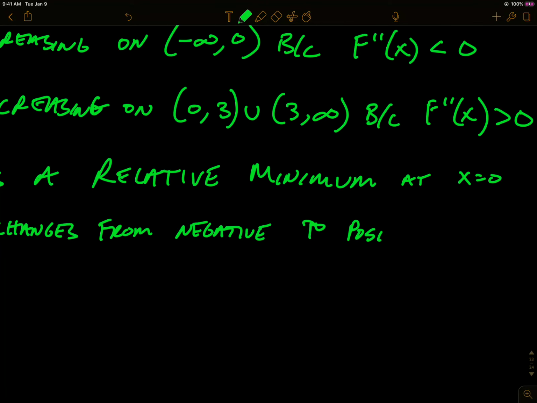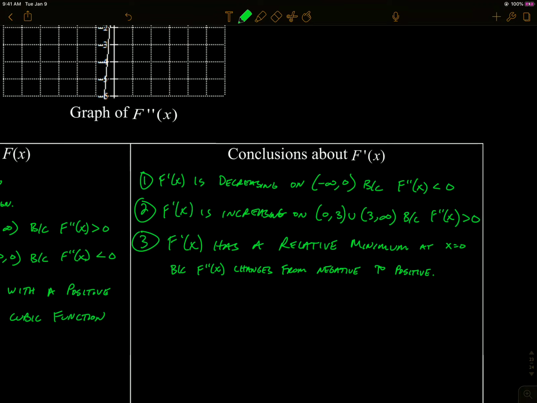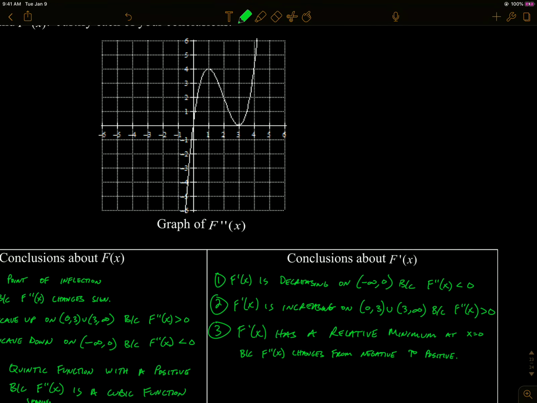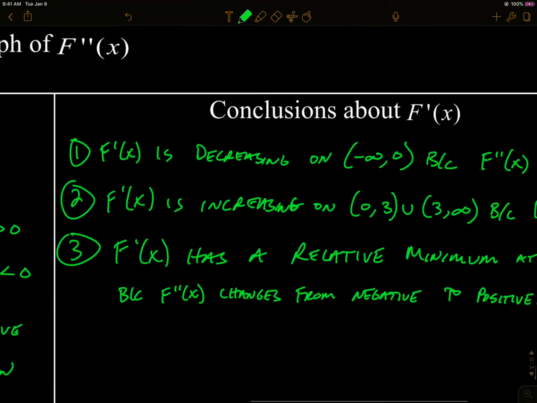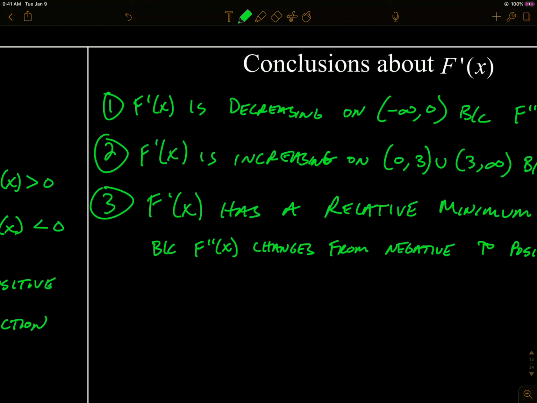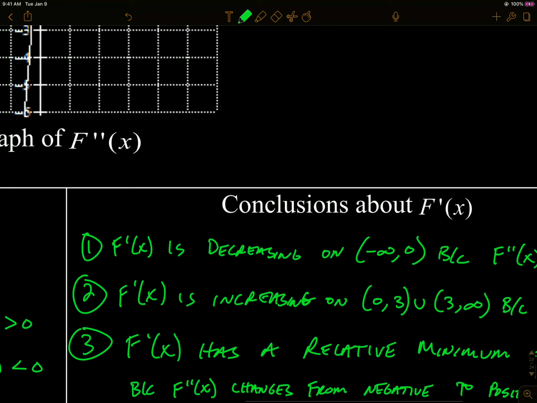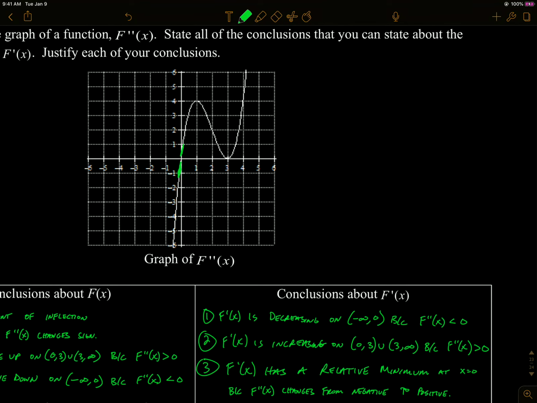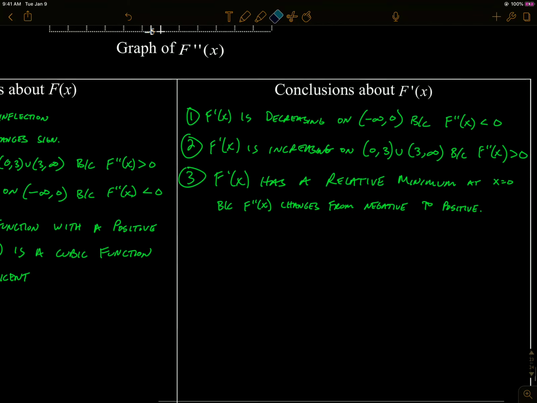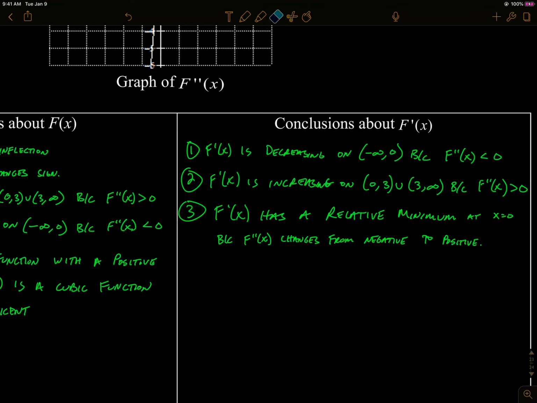Right? We got a negative, and then it changes to a positive. That happens at 0. So we know that there's a relative minimum there. There is no relative maximum on the derivative because the second derivative never changes from positive to negative. We see that it just bounces here. I guess we could list that as a thing that we know, but we won't put it on our list for now.